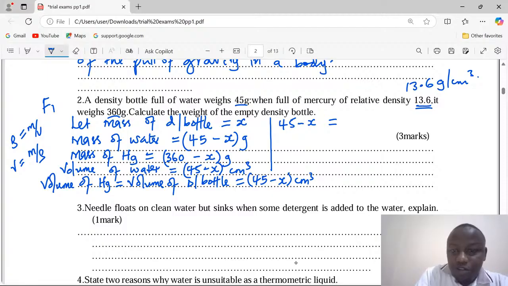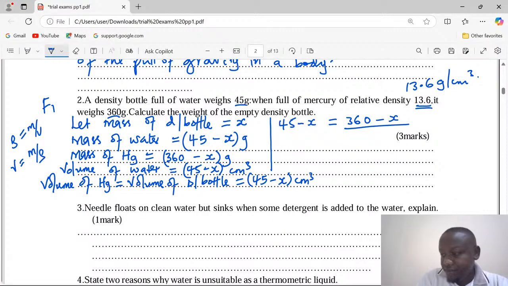The mass is 360 minus x, divided by the density, 13.6.